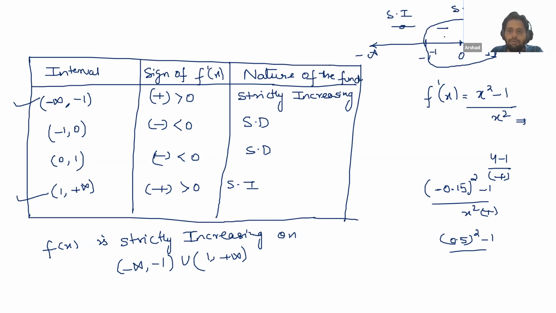Please check here, it is the real numbers except minus 1 to 1. So this is our interval I. So f x is strictly increasing on this interval, that is on I. I is also minus infinity to minus 1, union 1 to plus infinity. Please check that this does not include minus 1 to 1. This is clear?